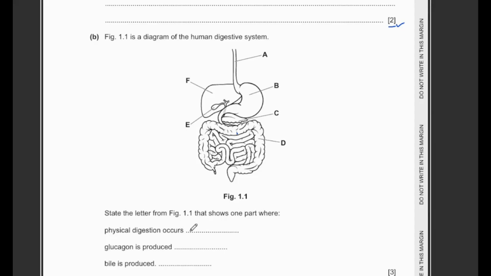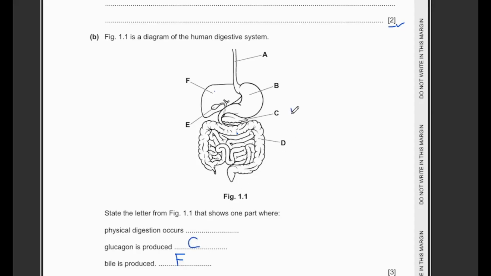Bile, we will see, is produced in the liver, so the letter is F. Glucagon is basically from the pancreas, along with insulin, so this is the letter C.